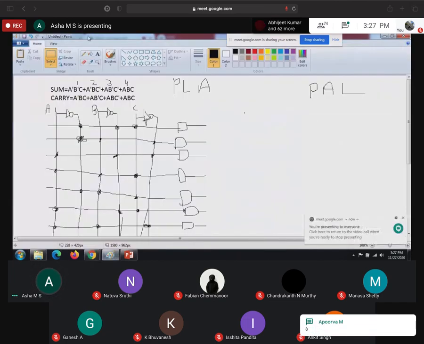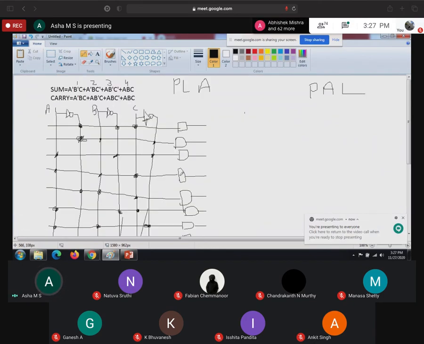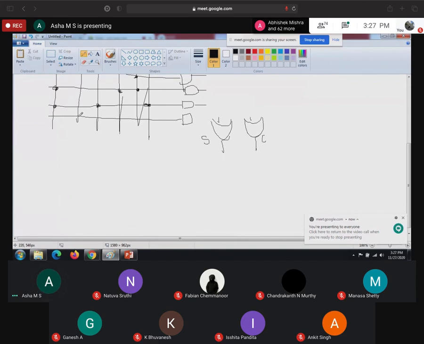Yes, exactly, you require 8 AND gates. So these 3 are here, and the last ABC will be here: A, B, C.